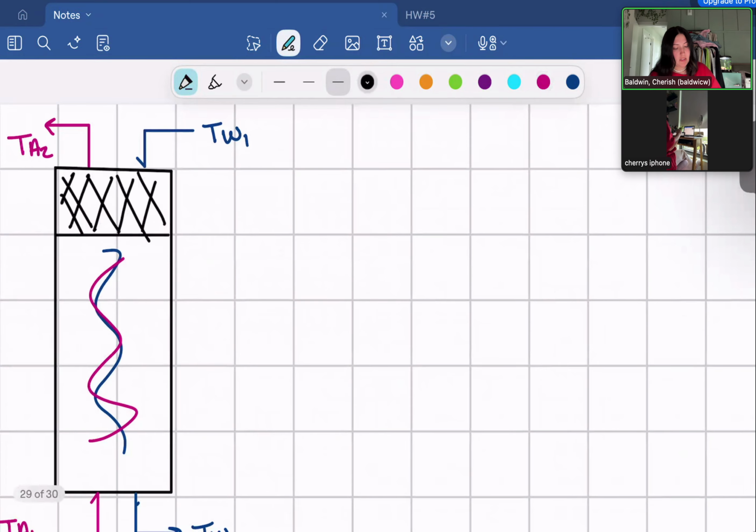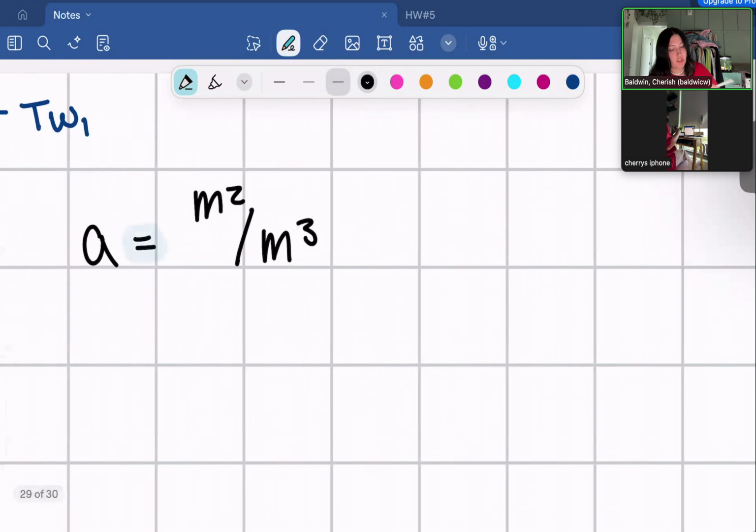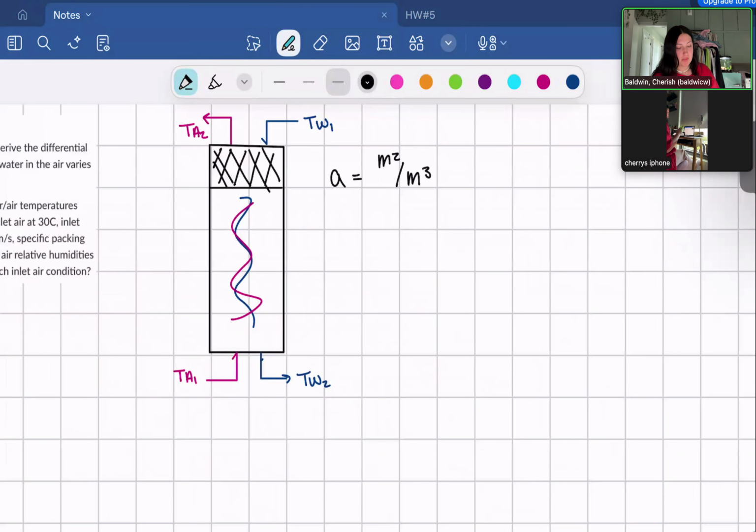And this packing, we're going to call it the area of lowercase a, has units of meters squared over meters cubed, which is the surface area of the packing over the volume of the tunnel.